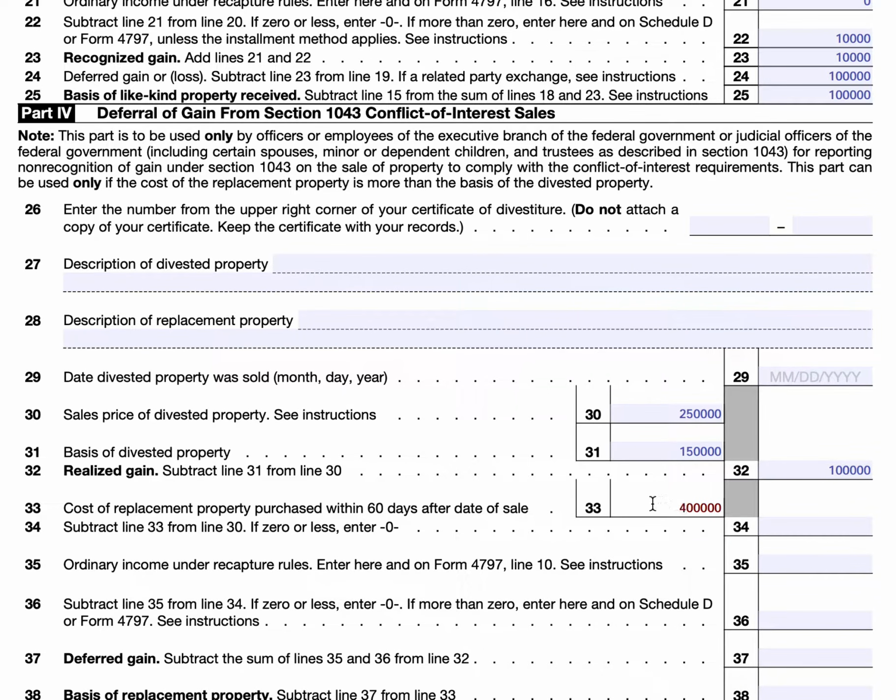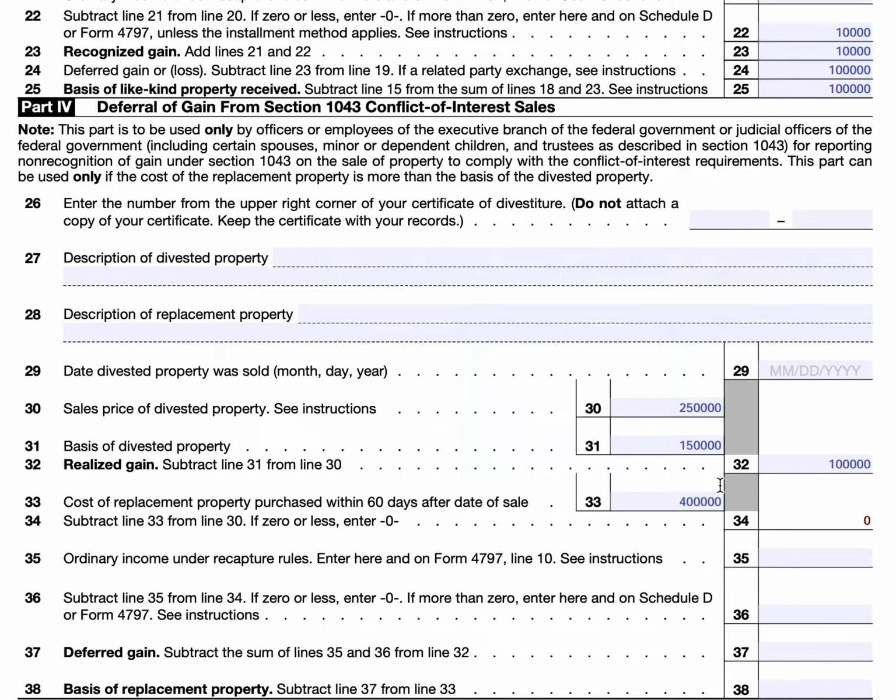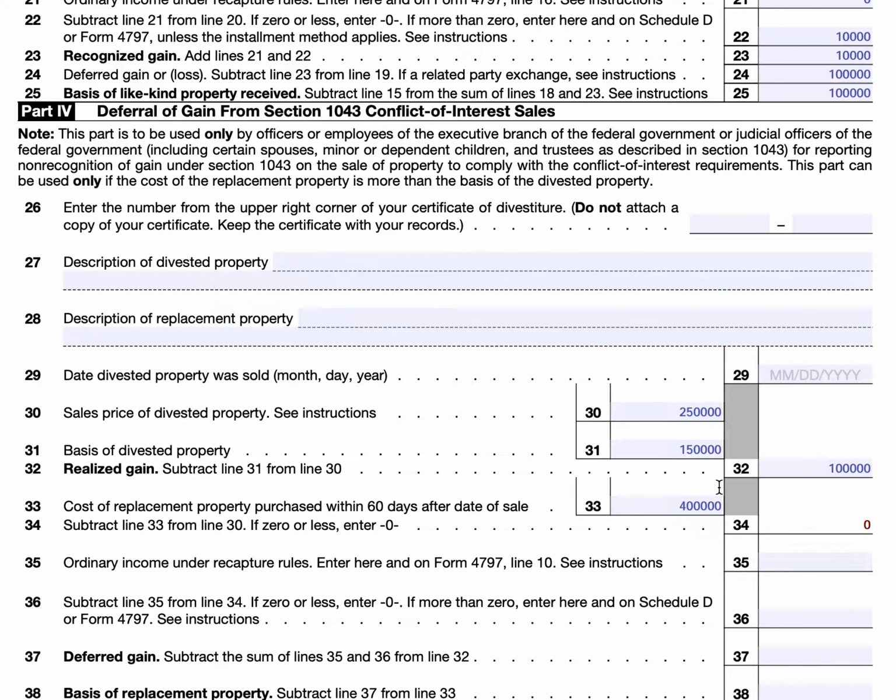So subtracting line 30 from line 33, you would get 0. If you had ordinary income that was subject to recapture, you would enter that here and on IRS Form 4797, which is the sale of business property form.